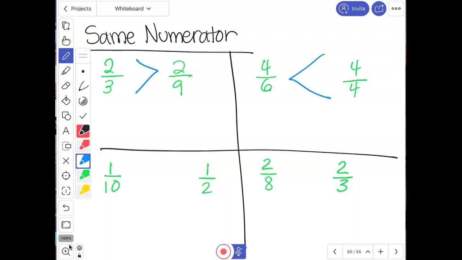Well, halves are larger than tenths. 2/8 or 2/3. You do that one and then come back and check your answer. I know thirds are larger than eighths, so I would rather have 2/3 than have 2/8. 2/8 are going to be really small, skinny pieces.